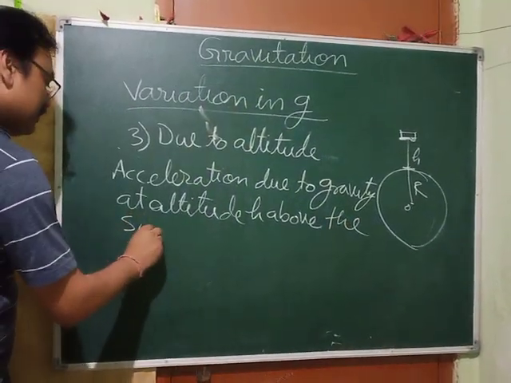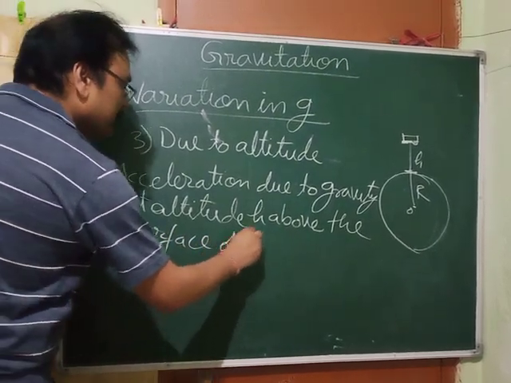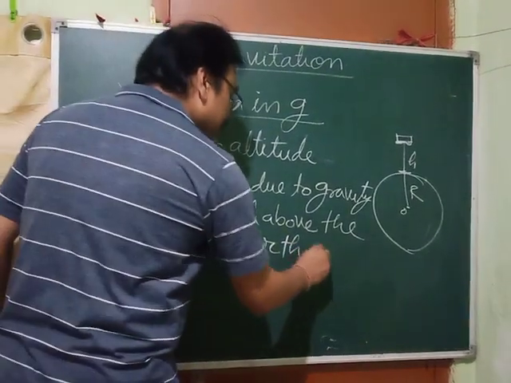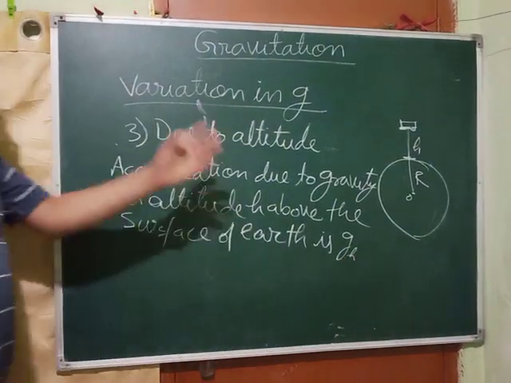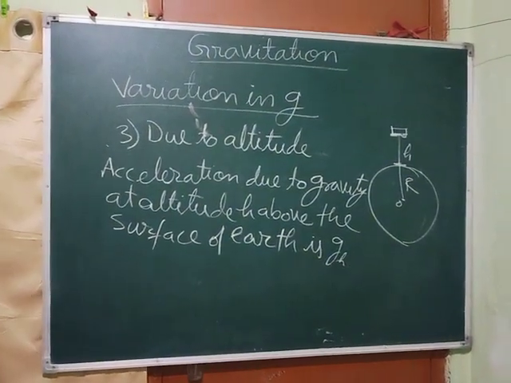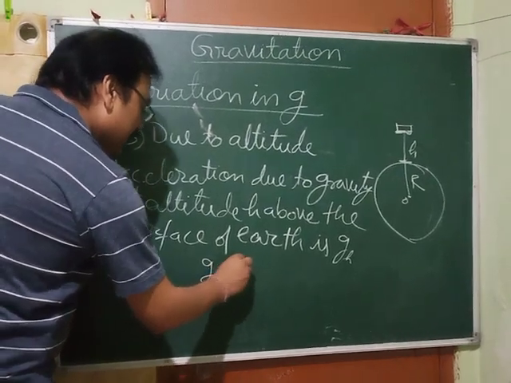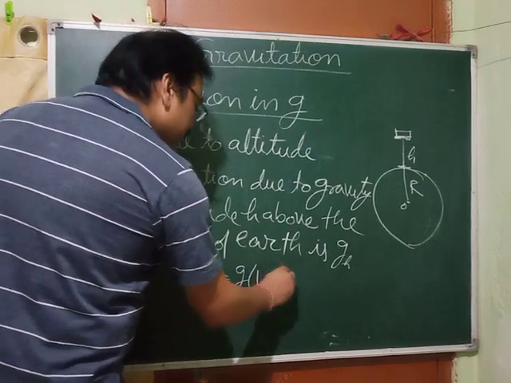From here we are measuring the altitude, the surface of the earth. Let it be gh, because we are taking it at height h. So how is it given? Let me write the formula. gh is equal to, again, g into 1 minus 2h upon r.